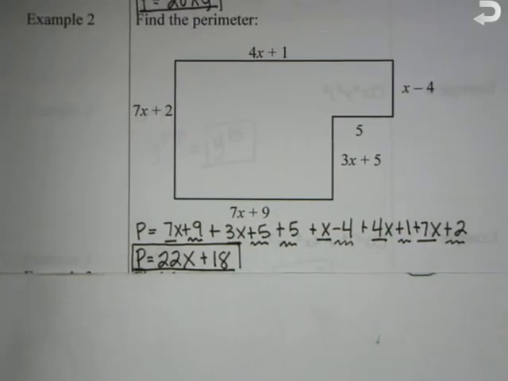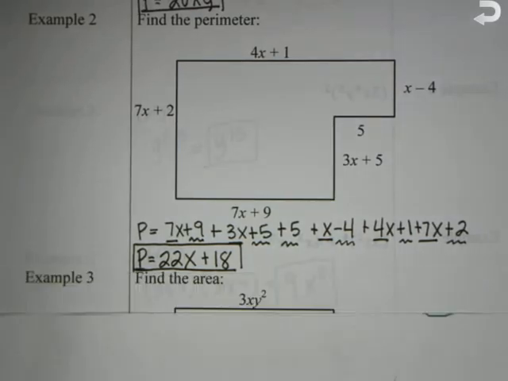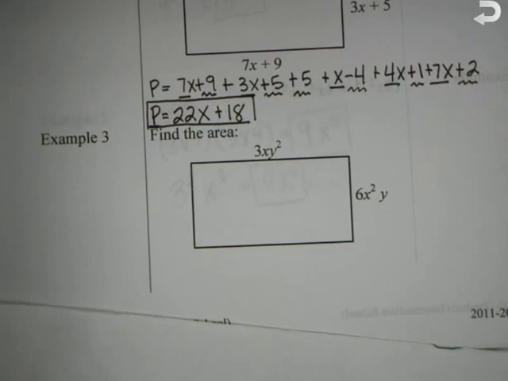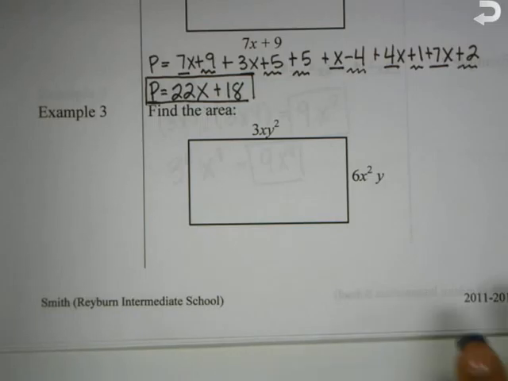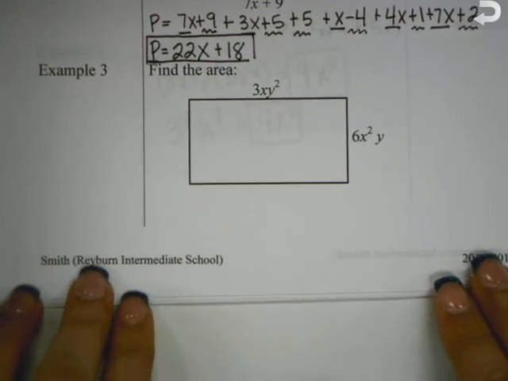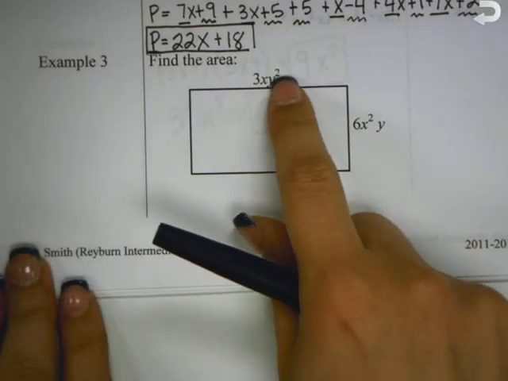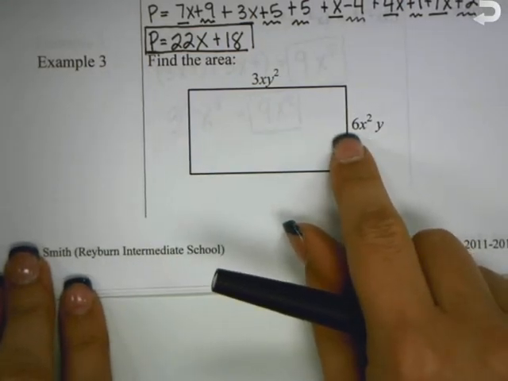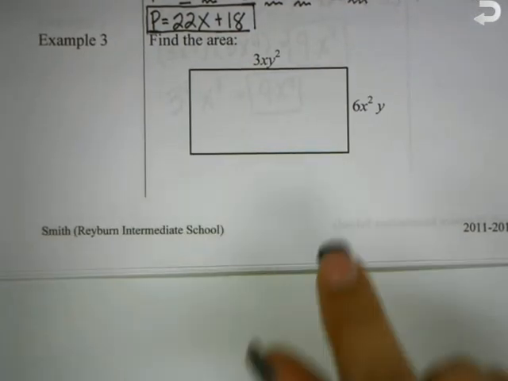So let's try something with area then. Example 3, find the area. I have just a nice rectangle, 3x y squared for my length and 6x squared y for my width. We wrote it up at the top, but what is my formula for area?